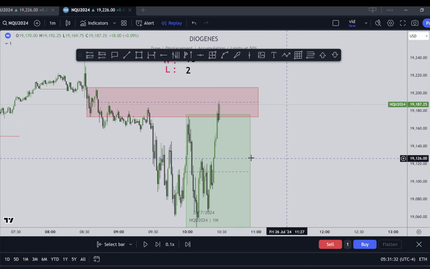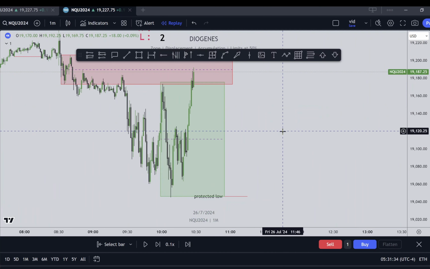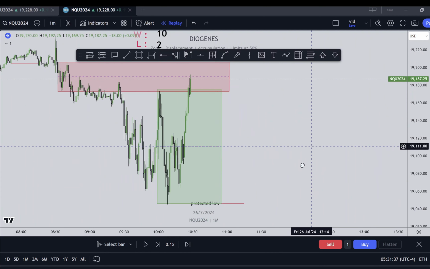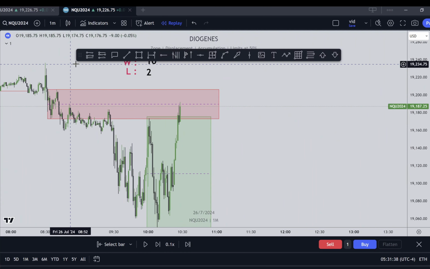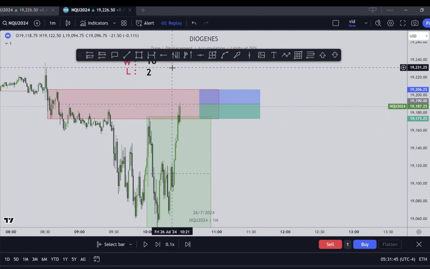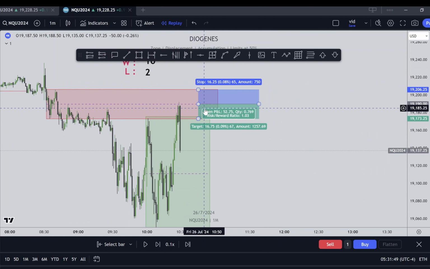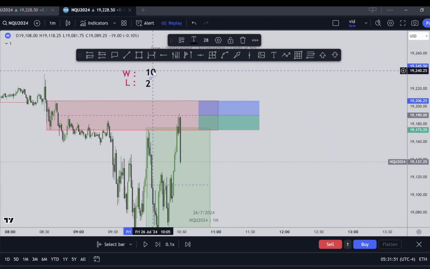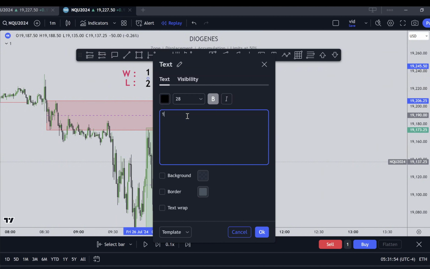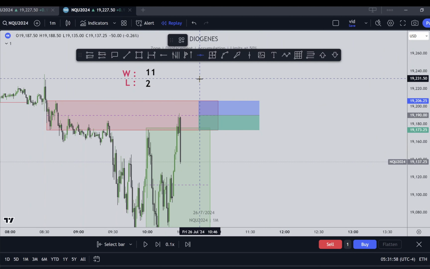Now for me, this is all accumulation to go and take this low again, right? So I'm taking this short, this 1-to-1. We're tagged in. Let's see how it works. Okay, instant profits, 1-to-1. Now 11 wins, 2 losses.